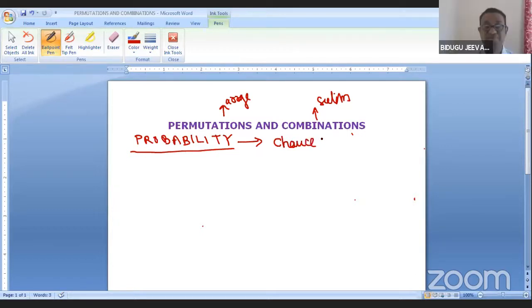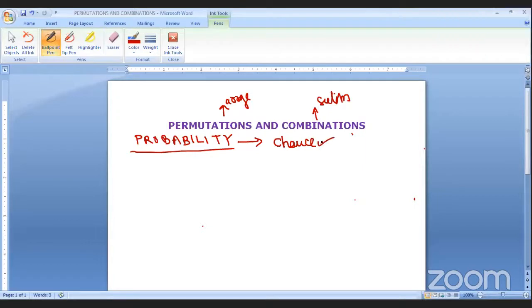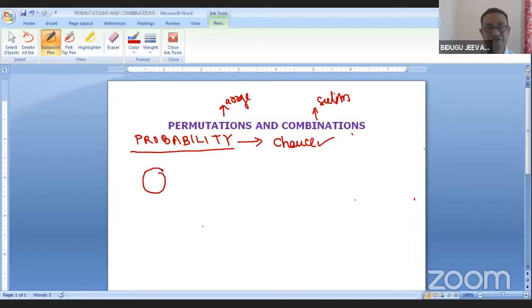Clear, all of you? It is a chance. For example, I have a coin, which is having tail and head on both sides. If I toss a coin, I may get tail, I may get head. I don't know exactly what will come. That is nothing but chance.